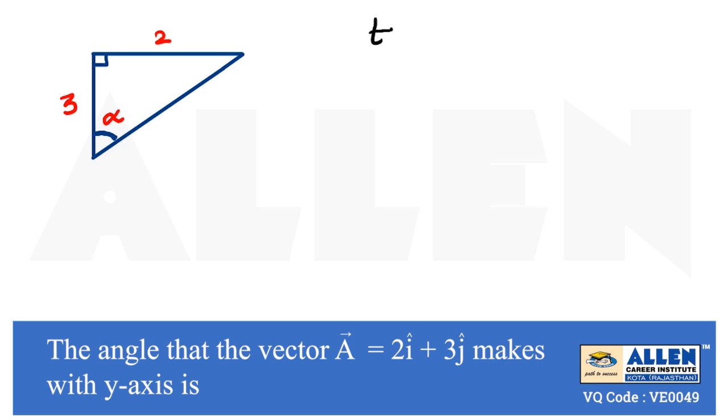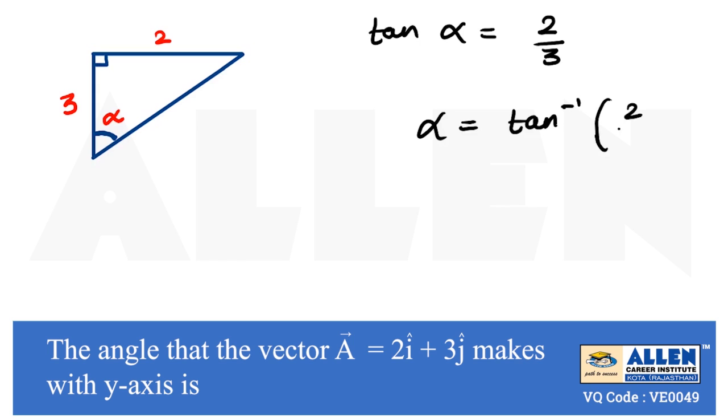So tan alpha can be written as 2 by 3, or alpha can be written as tan inverse of 2 by 3. Therefore, the answer to this question, which asks for the angle of the vector with the y-axis, comes out to be tan inverse 2 by 3.